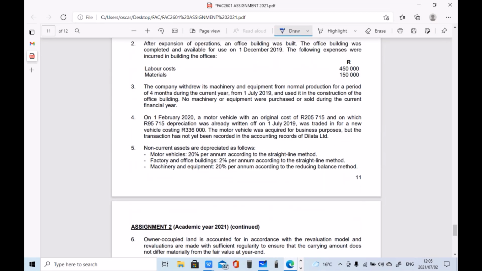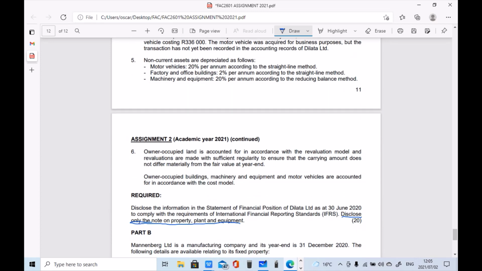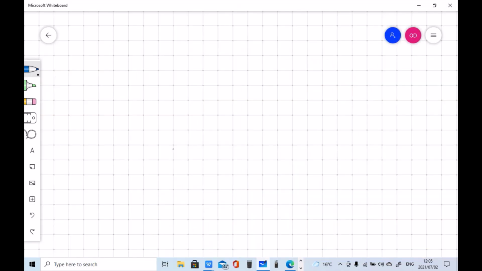Now, our financial year end is as stated there. That's 30 June 2020, which means our financial year is running from, let's just put here, that's 30 June 2020.